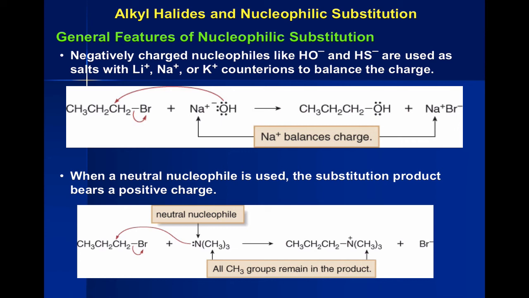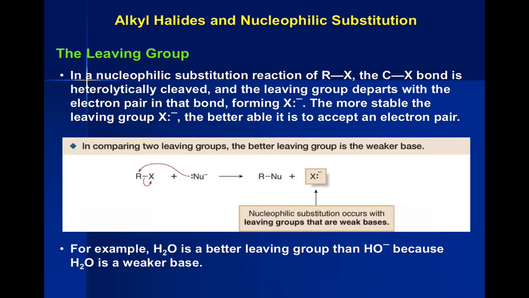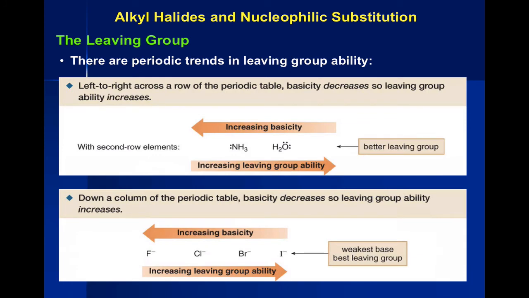So I'm going to skip through this real quick. Harry talked with you about this. The leaving group, of course, is very important. And we know that as we go from left to right on the periodic table, we're going to increase the ability of the group to leave.